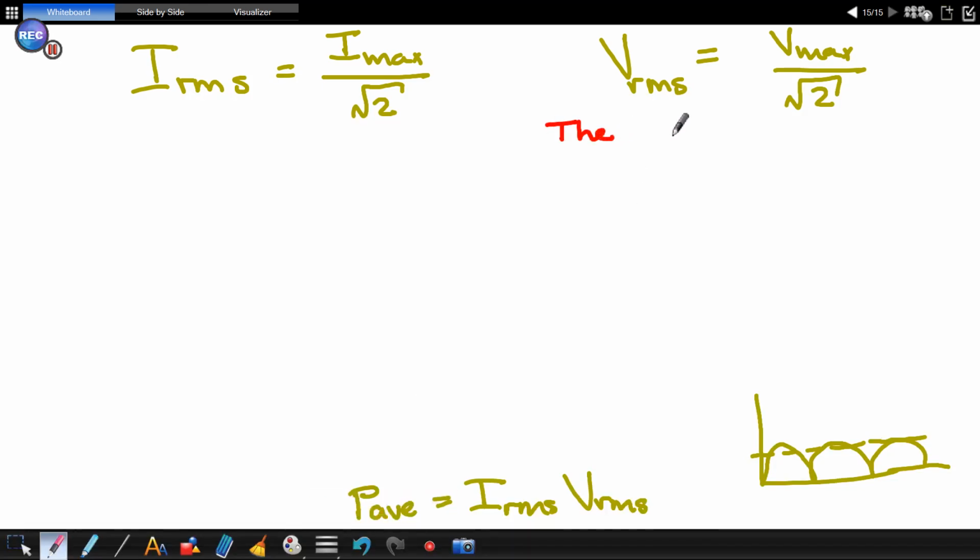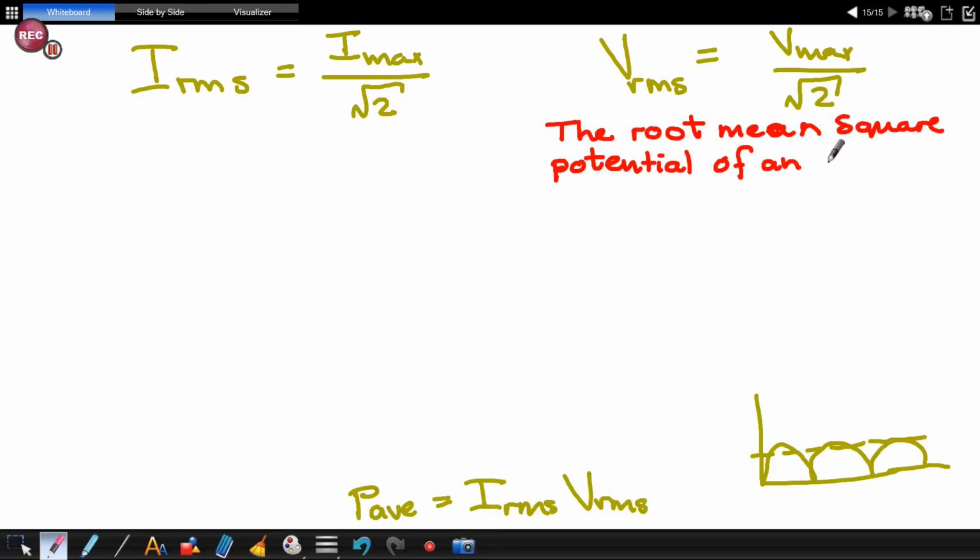The root mean square potential of an AC generator. Okay, you'll have to help me out. What is the root mean square?